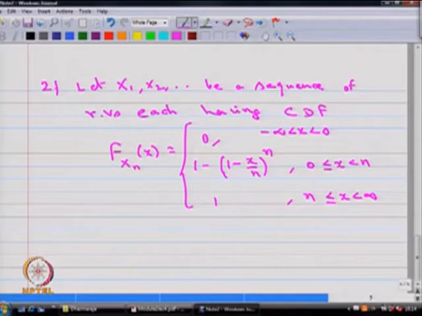So, this is the cumulative distribution function for the random variables Xi's. It is a function of n, therefore, I have made it F suffix X suffix n. That means this is a CDF for the random variable X_n. For every n, you have this form.